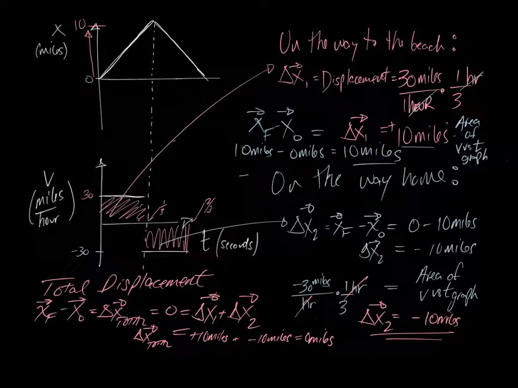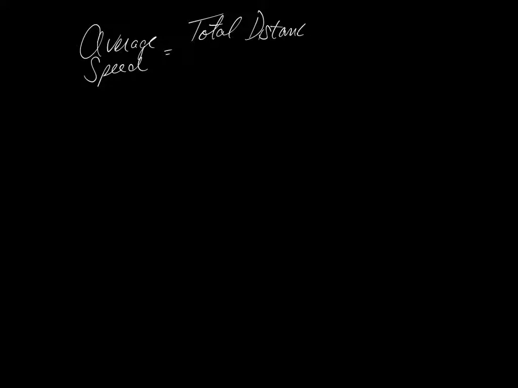So let's wrap this up with average velocity and average speed. So if I want to talk about average speed, I want to use the total distance that I traveled, total distance traveled, right?